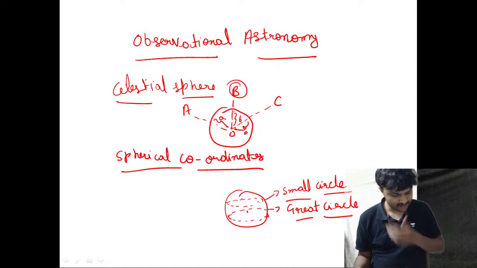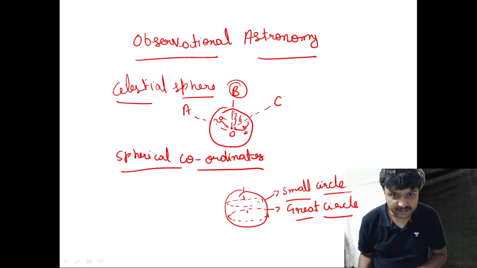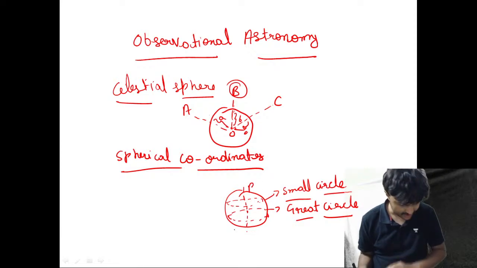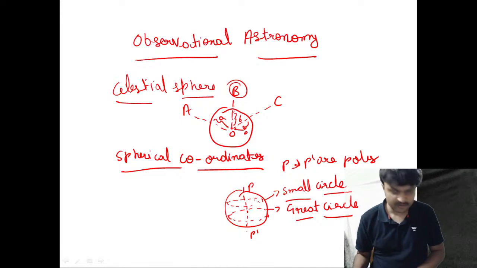So you can mark any two points here. Let us draw one center line here and mark these points as P and P dash, where P and P dash are poles. Here we can mark two more points on the great circle, calling them Q and Q dash.